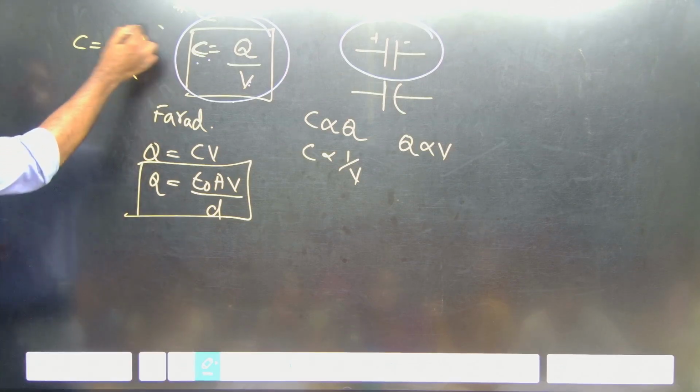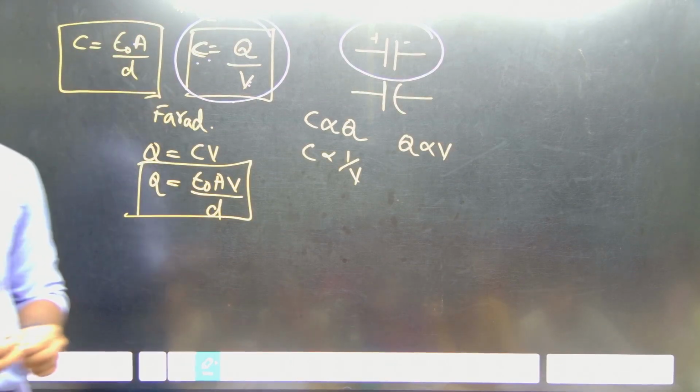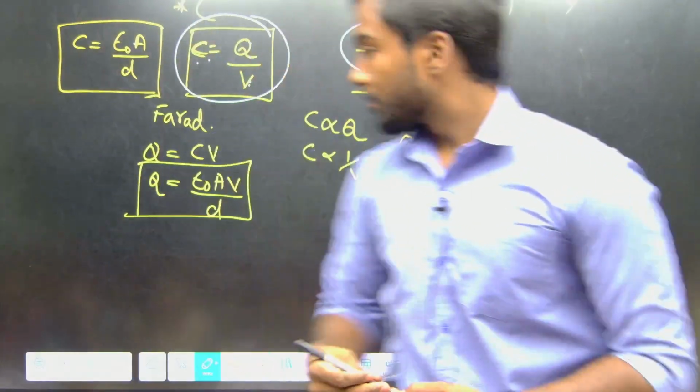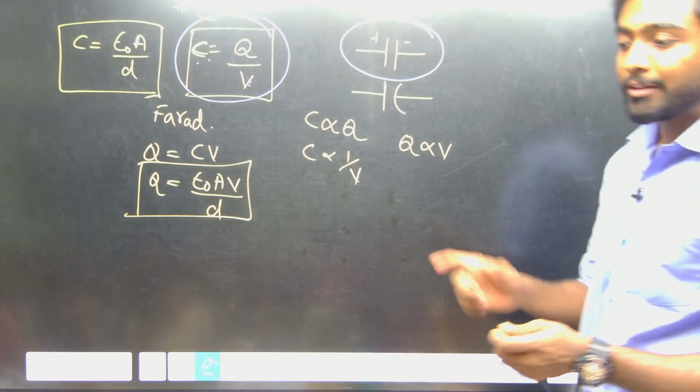Substituting C, Q is equals to epsilon naught A V by D. This is the charge for the parallel plate capacitor. A is the area and D is the distance between the plates.